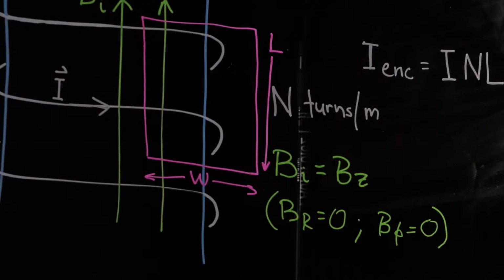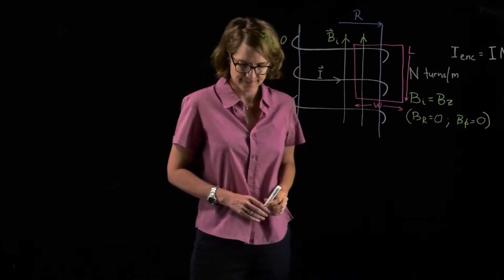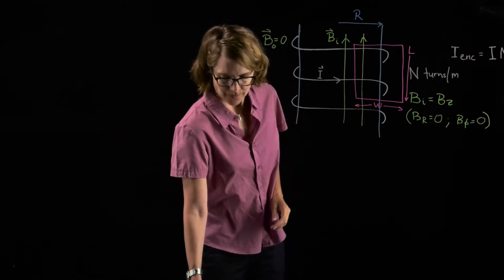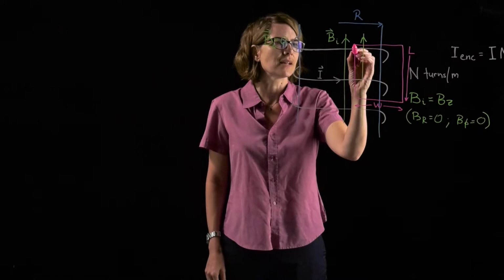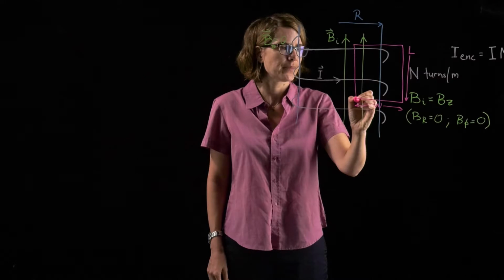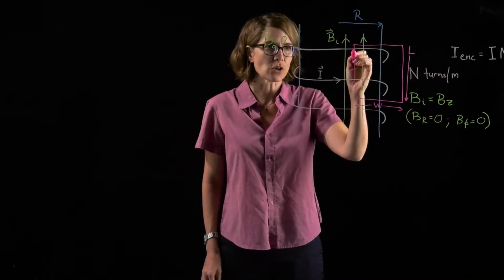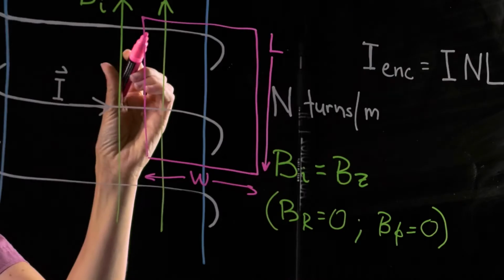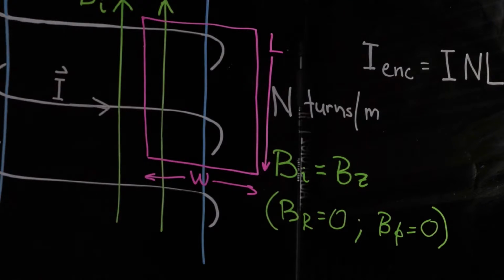And now, the more tricky part. We need to integrate dl as we move all the way around the loop, and we need to take the dot product with the magnetic field at the same point. So what is this going to look like?